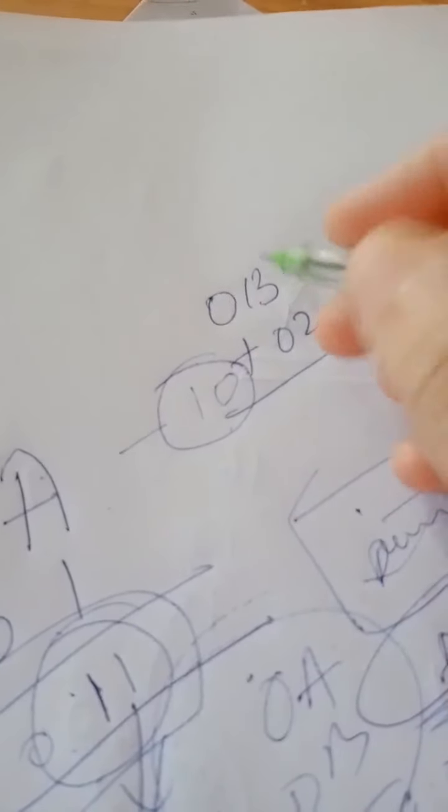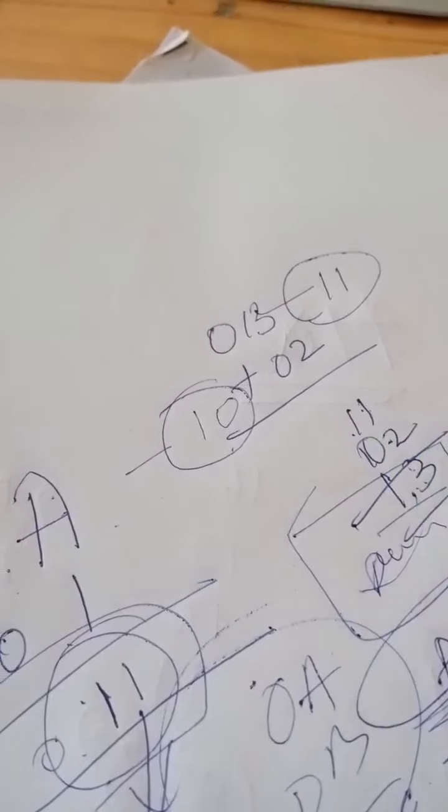For example, now I will add 0B plus 2. B is equivalent to 11, and 11 plus 2 is 13.